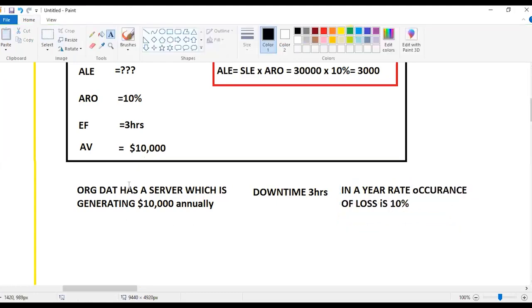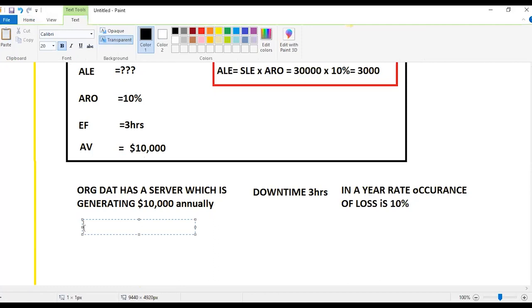So the server generates 10,000 annually, one day it faced a downtime of 3 hours, and in a year we face this loss 10% of the time. Now we're going to find the single loss expectancy.